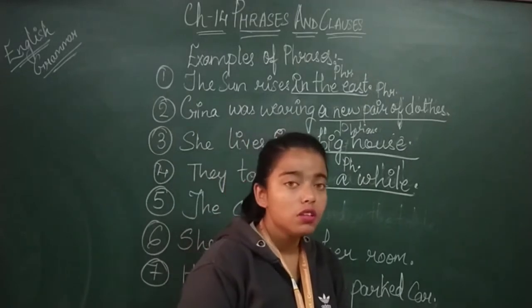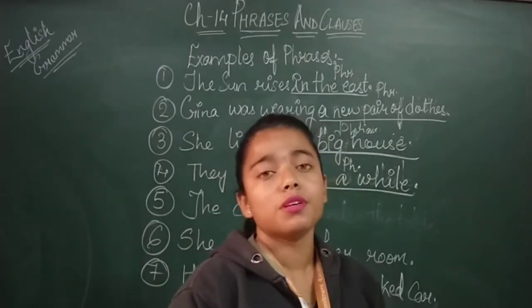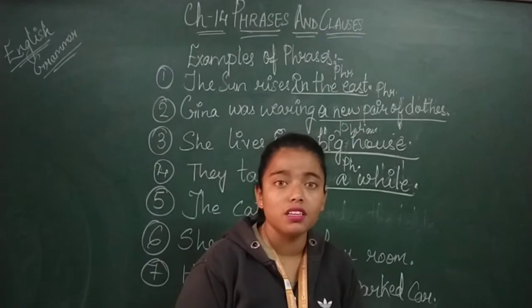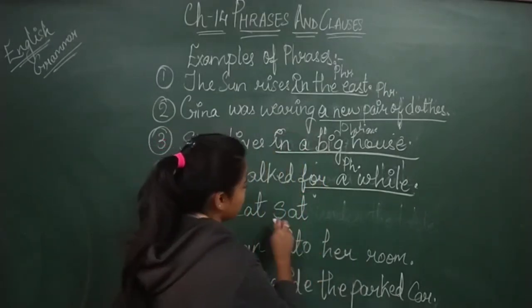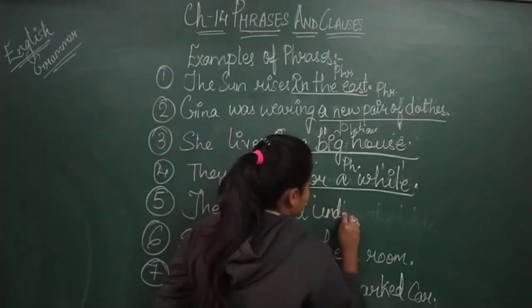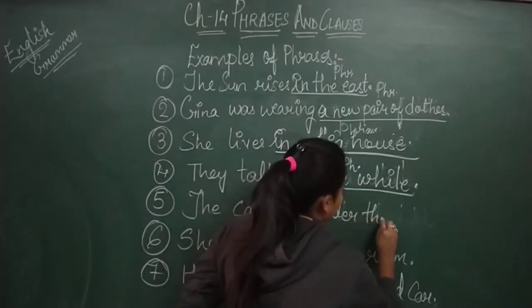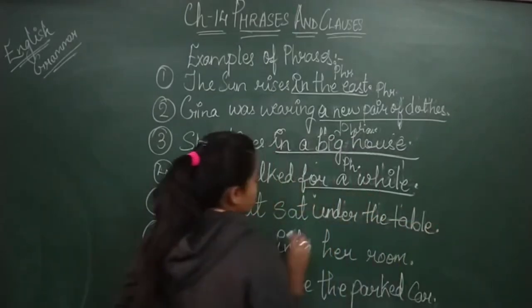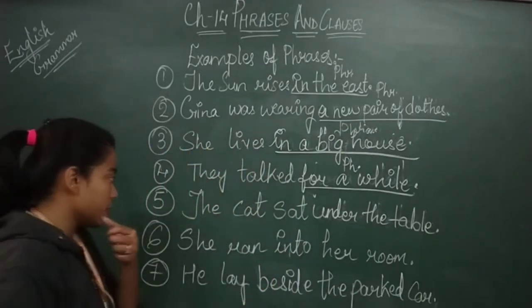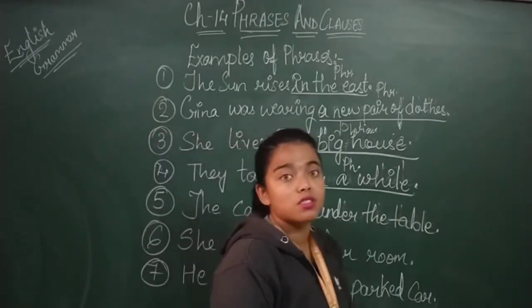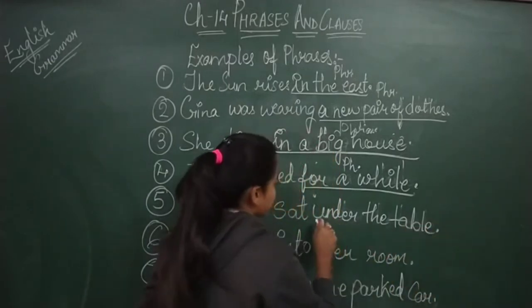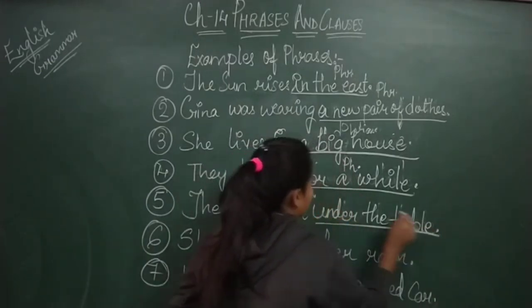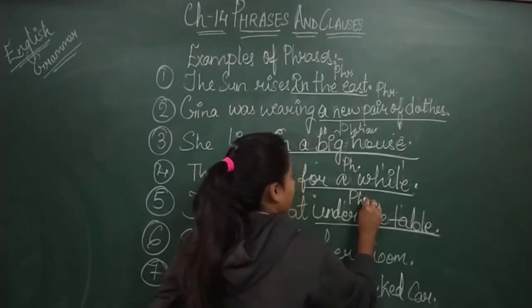In our house, when a cat comes, where does it sit? They sit under the table. So now here it is making a complete sense. Under the table is a phrase.